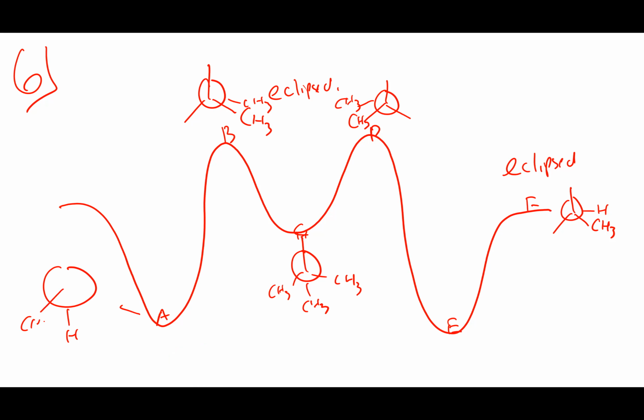It's going to have less strain. And in this case, we'll put the CH3 here. And over here, we're just moving that CH3 group, but we still have that hydrogen coming down right here. We got the CH3s here, CH3s here, and the CH3 there.